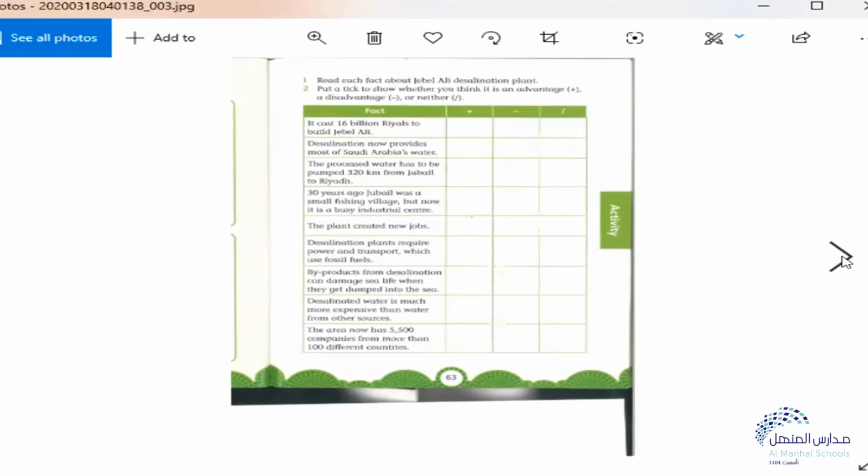But you can also say it's a minus because it's very expensive. That's the disadvantage. So you can tick off plus and minus.